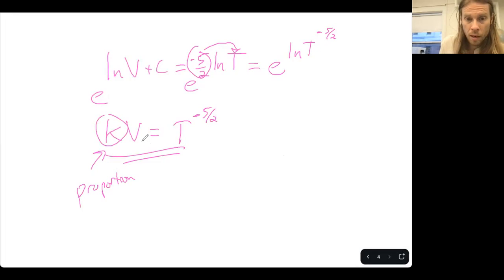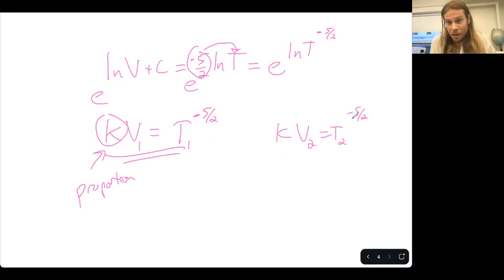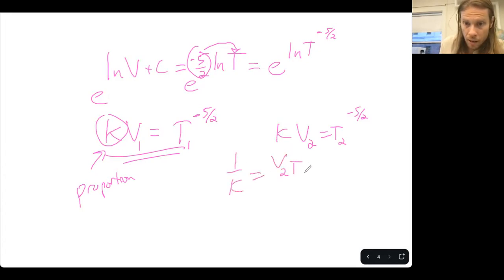So we just need to plug in V1 and T1 and we get the value of k. And that will equal the same for V2 and T2. Which means, if you notice, by the way, T to the negative 5/2, I then multiply over, and I could get that 1 over k, if I divide it over, equals V2 times T to the, sorry, I got this, to the 5/2.